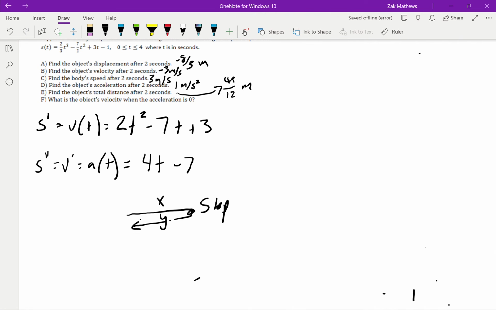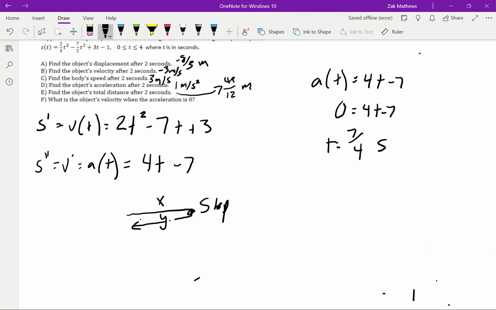So we need to actually start with that. I'm going to look for the acceleration equation, which we have. I want that thing to be equal to 0, so I'm going to set it equal to 0. I add the 7 over. I'm going to divide by 4. So at t is equal to 7/4 seconds, that is when our acceleration is 0.